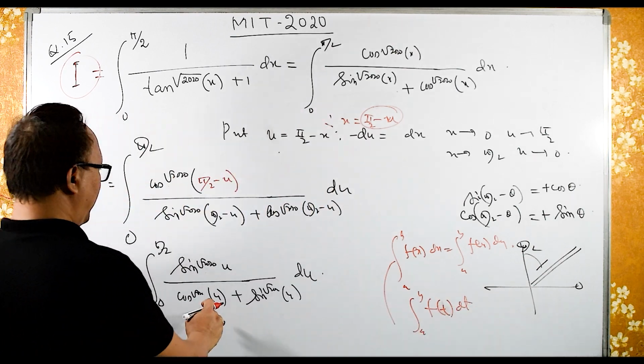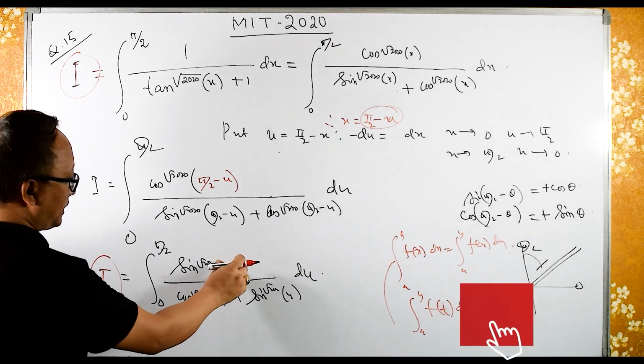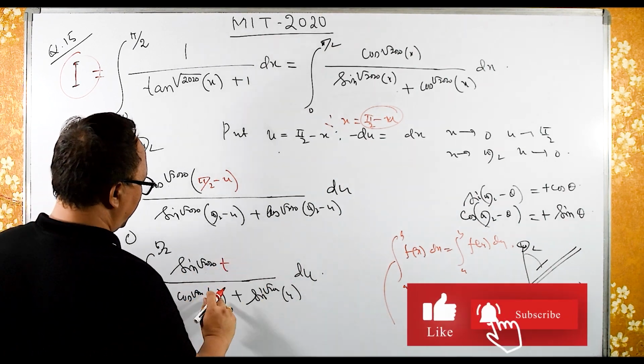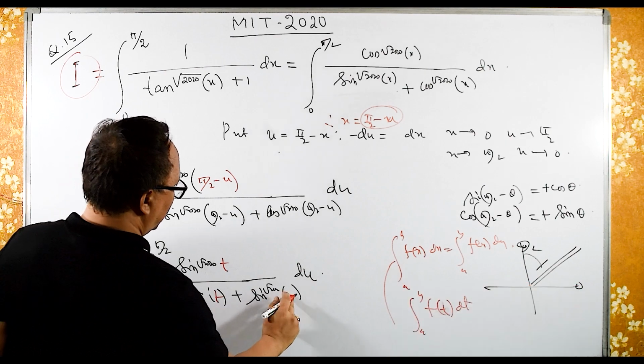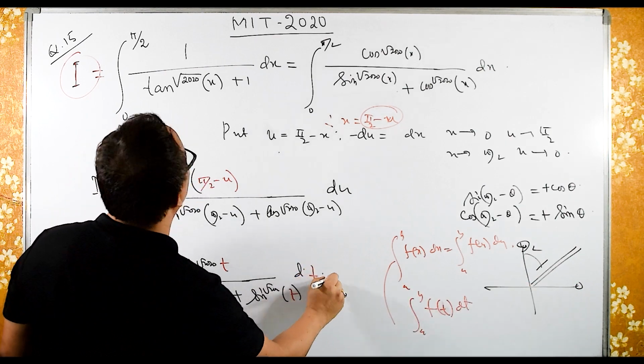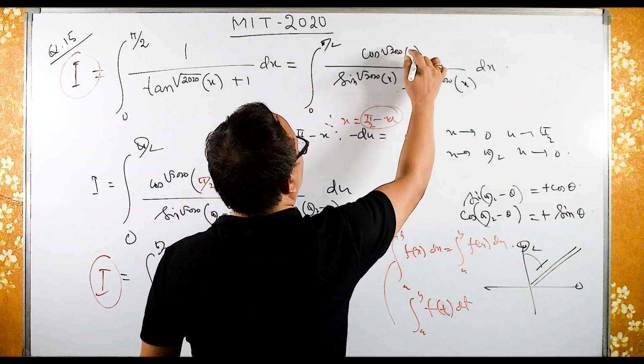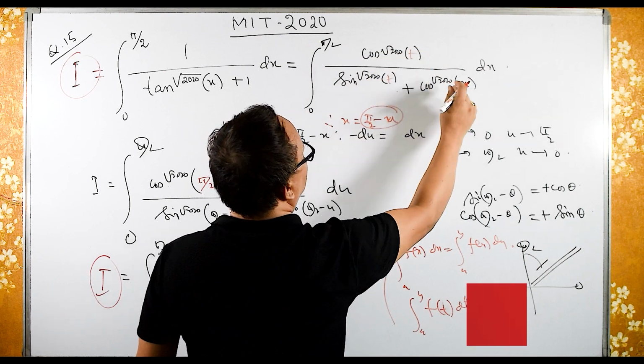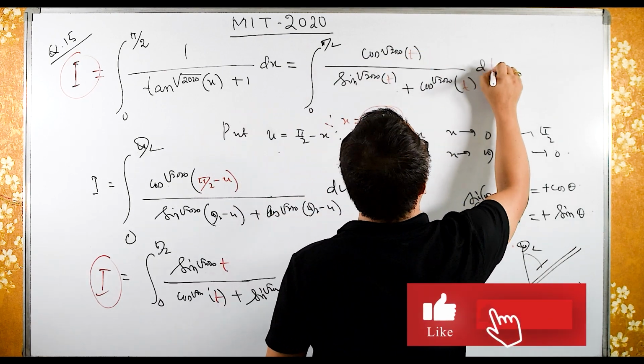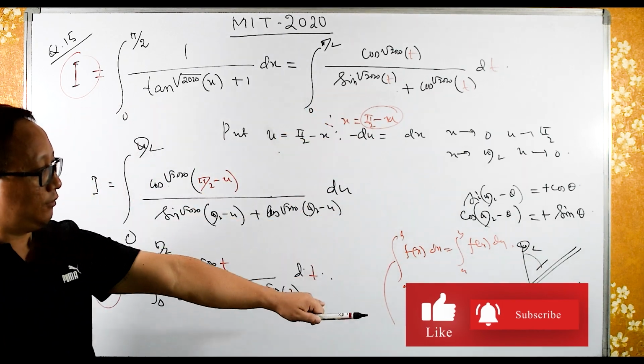So if I consider this as t, here t, here t dt, and here also t over here, t over here, t over here, dt, the value of the integration will be the same.